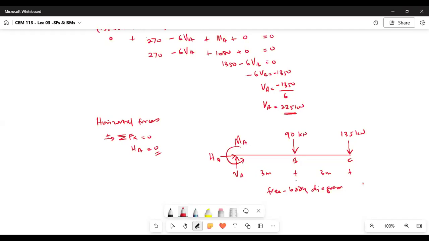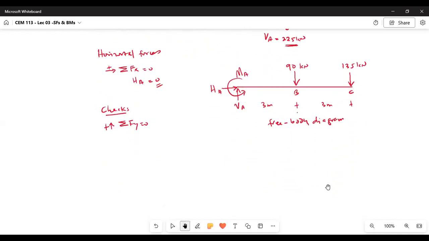Then after that, we need to check our computation by using the sum of forces in the y direction is equal to 0. Upward is plus. Okay. So looking at this diagram, the upward force, we have VA minus 90 minus 135.